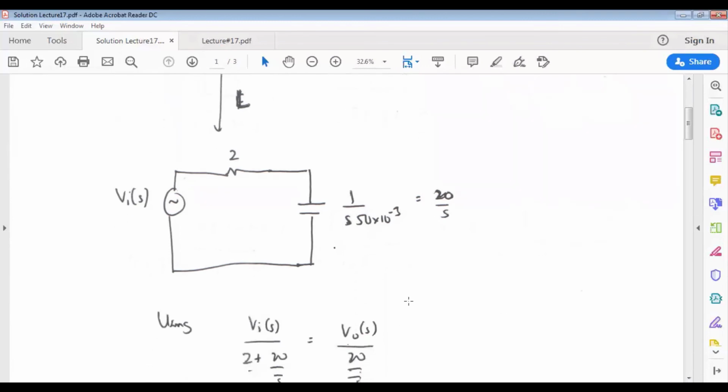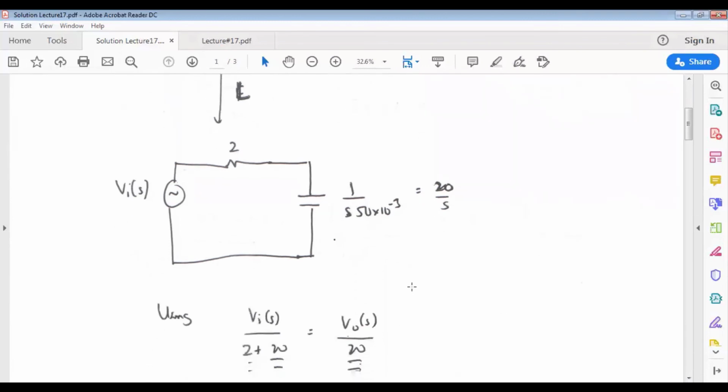By using the voltage division rule, we can say that the input voltage over 2 plus 20 over S, which is the total impedance of the circuit, shall equal V naught S divided by the impedance of the capacitor. This is based on the voltage division rule.